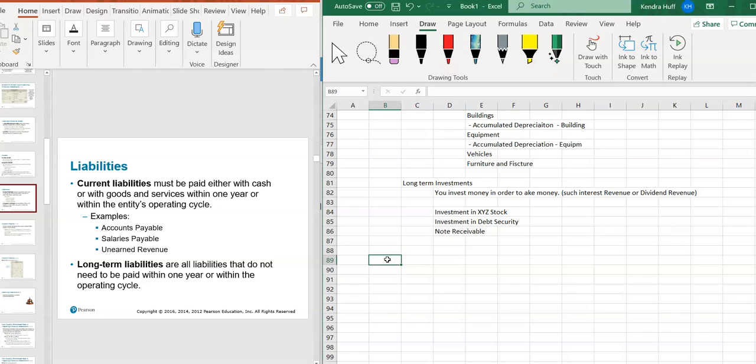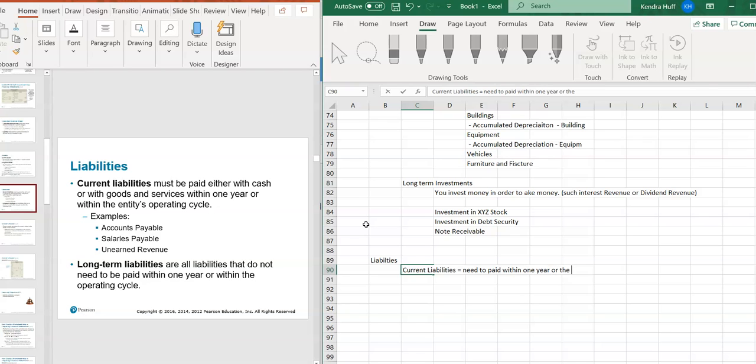Next up is liabilities. Under liabilities, you're going to have current liabilities, which follow the same rule as current assets. They need to be paid within 1 year or the operating cycle.